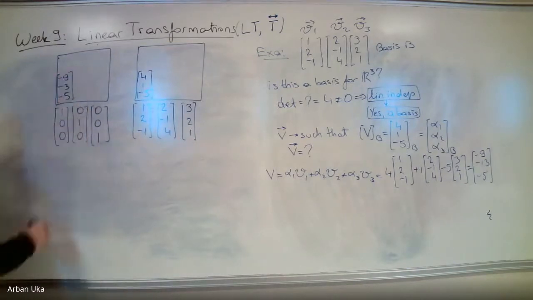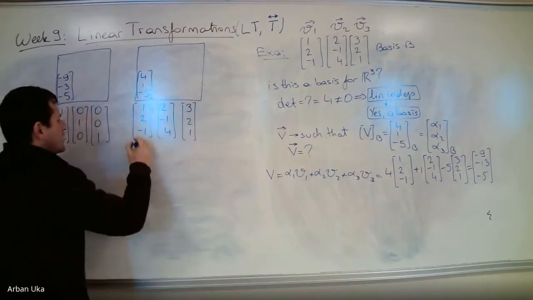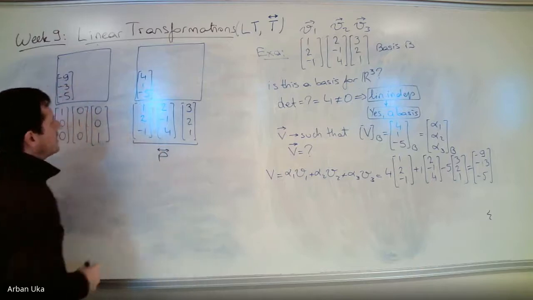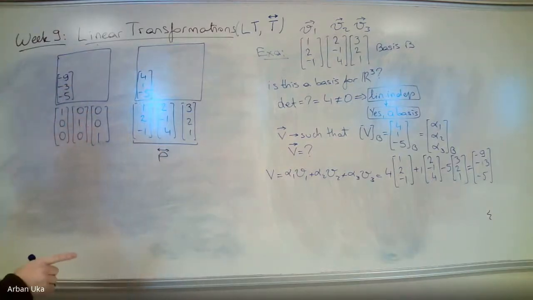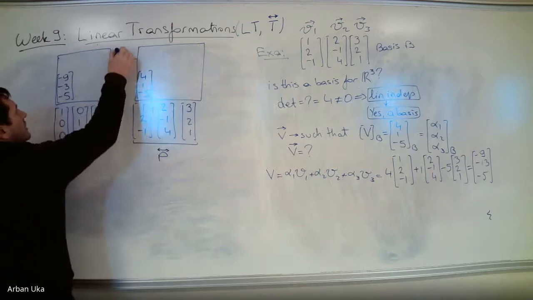Okay. So in this instance, by the way, the transformation matrix is this one, P. Okay. And let me have a look again. Yes, we used matrix P to move this way.